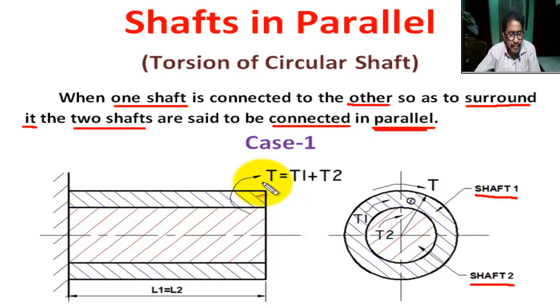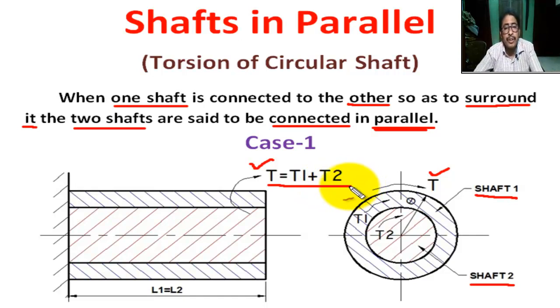Let T be the applied torque, which is distributed to the shafts as T1 and T2. So T equal to T1 plus T2.